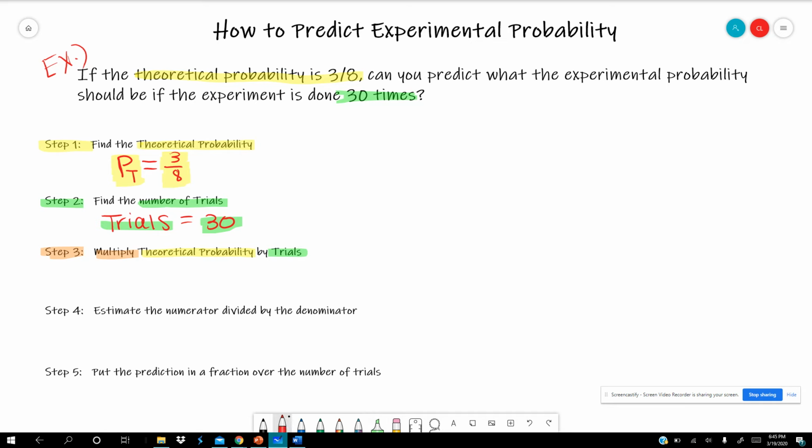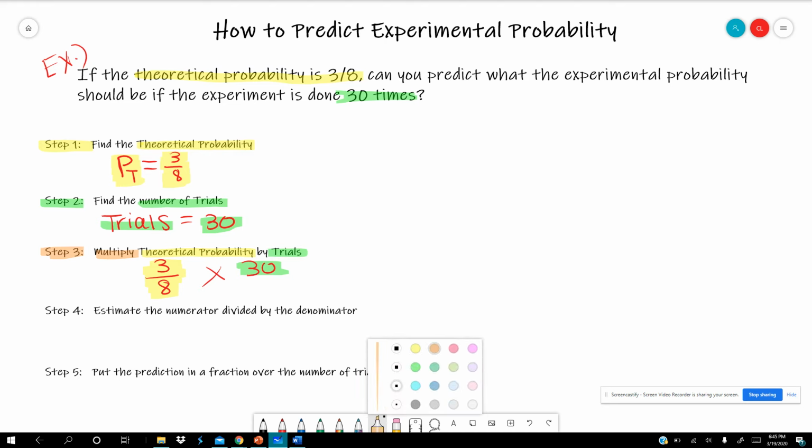So we have 3/8 from the theoretical times the number of trials, which is 30. Just to show the difference, there's the 30, there's our 3/8 from the theoretical probability. We're keeping everything color coordinated here.